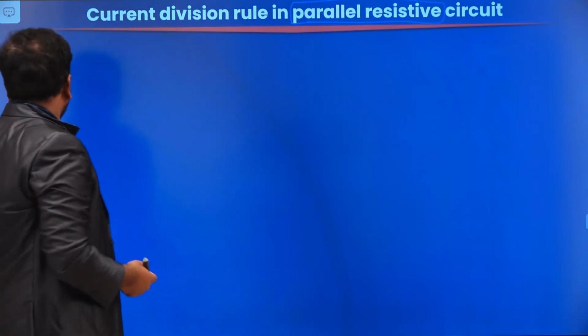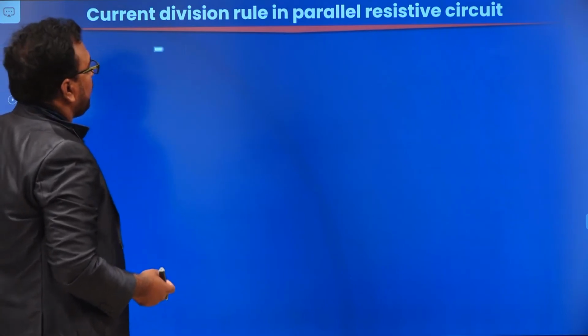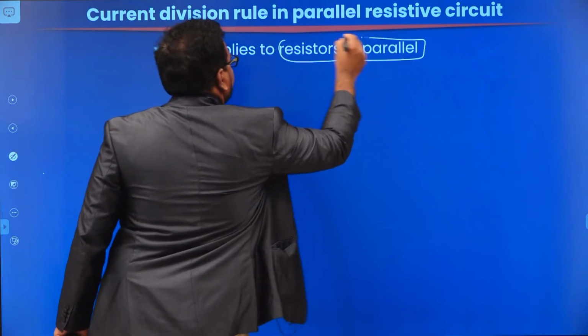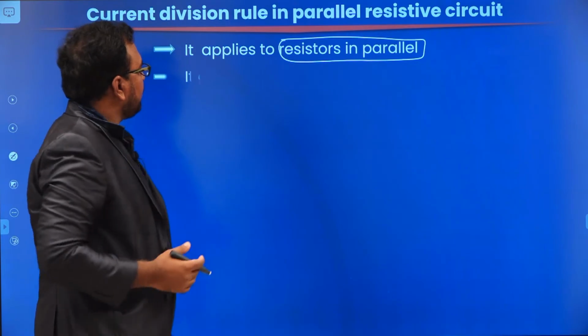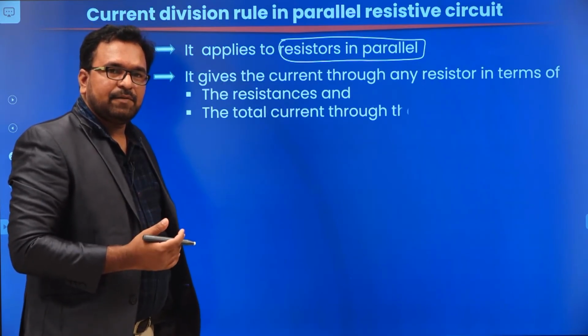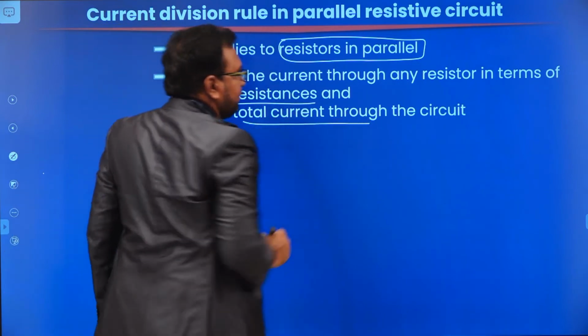Okay, let's see how we are going to apply. It applies to resistors that are connected in parallel, and it gives the current through each element in terms of the resistances and total current.